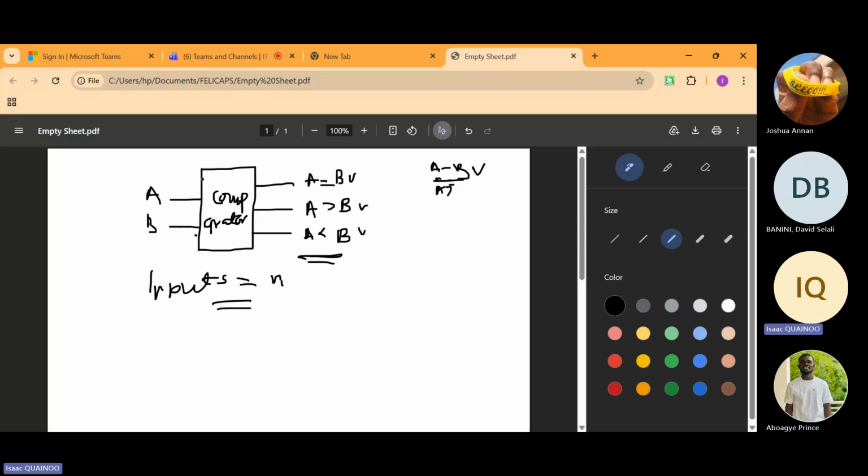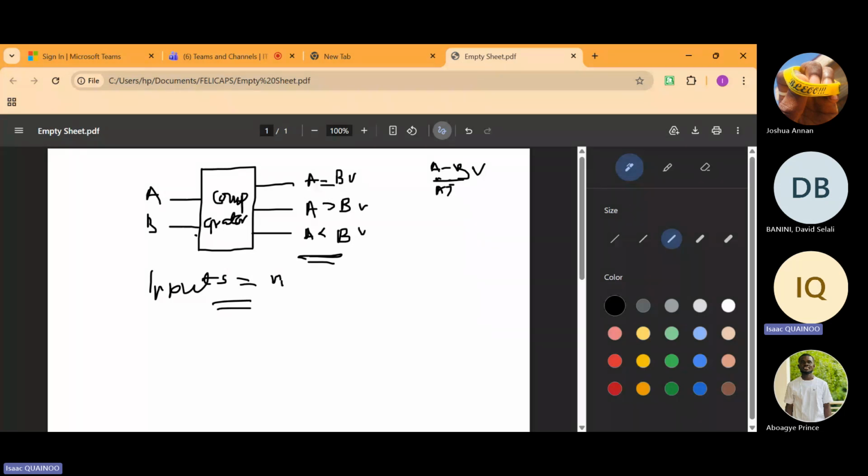You can have 2 inputs, 3 inputs, 4 inputs, 8 inputs, whatsoever number of inputs, but the output would always remain the same and unchanged. So to classify comparators, you usually look at the number of inputs it comes with.